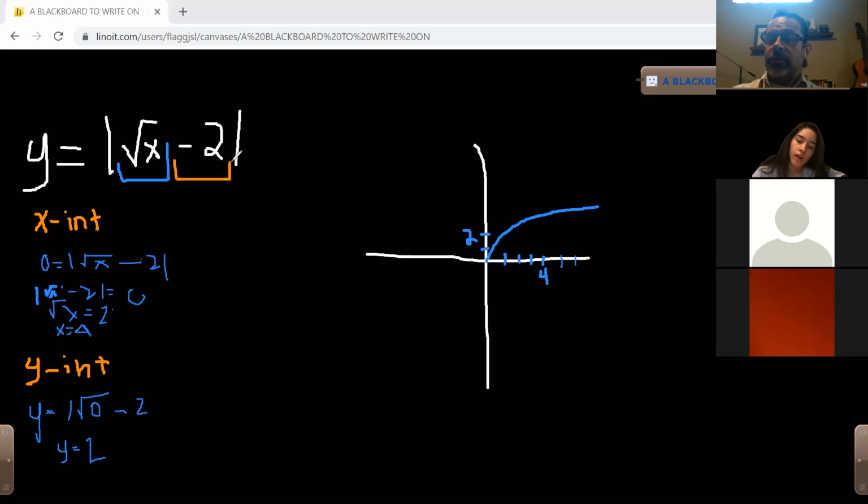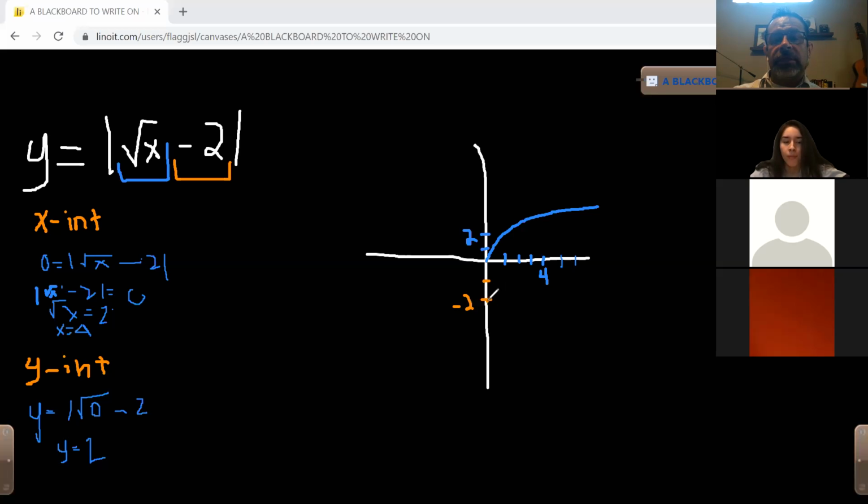It moves up or down. So if it's a -2, where is it moving? Down? Down, correct. So it's going to be moving down 2 parts here to -2.